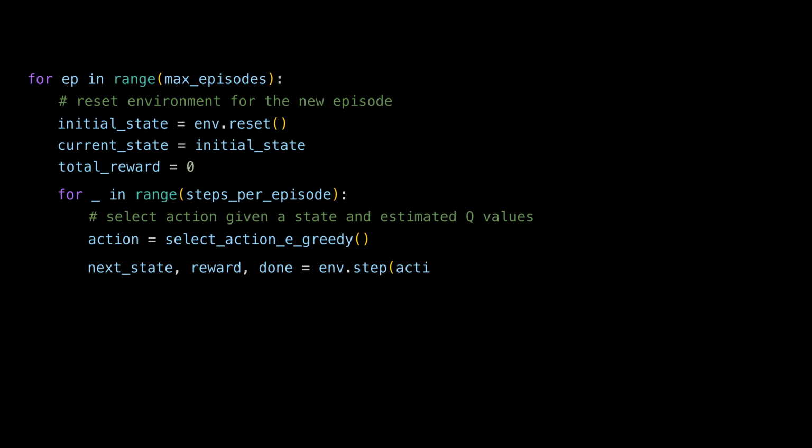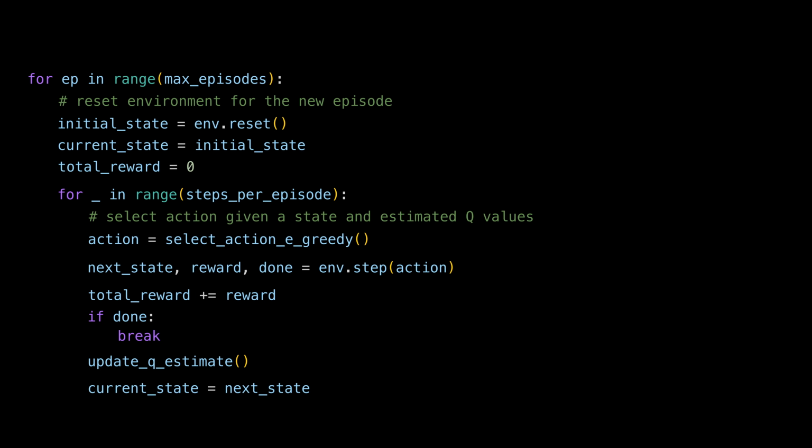The environment responds by returning three important pieces of information: the next state, the reward received, and whether the episode has ended. At this point, the learning algorithm updates its estimate of Q using the newly observed experience. This update step is the main difference between the algorithms we'll study. But regardless of the specific update rule, the surrounding structure remains mostly the same.